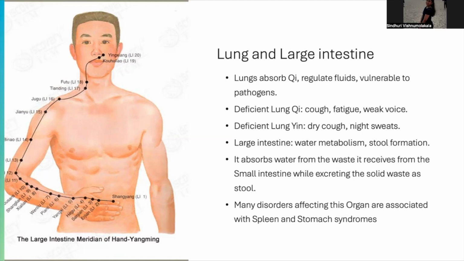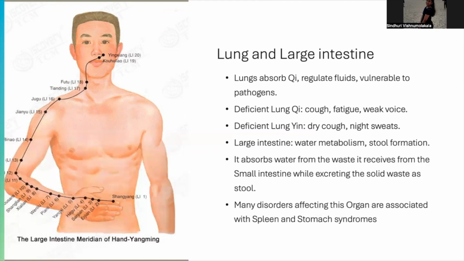If I were to say it in a Western style, we breathe in air which regulates our circulation, fluids, oxygenated and deoxygenated blood. So, in Chinese terms, let's understand it as lungs absorb qi and regulate fluids.